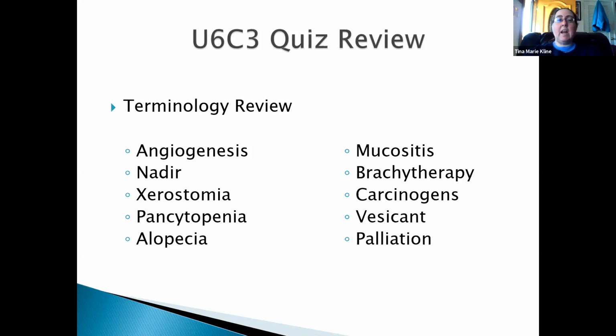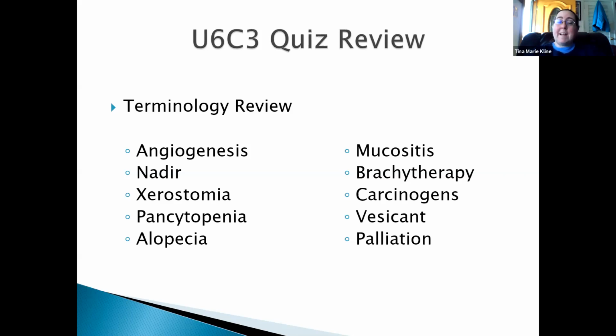Pancytopenia. This is a global term that covers three separate things that we're going to talk in depth about today. Pan refers to all, and cytopenia refers to low counts. In this case, we're talking about low blood counts. So within pancytopenia, you also have anemia, which is your low red cells, hemoglobin, hematocrit, and we covered that in Unit 3.